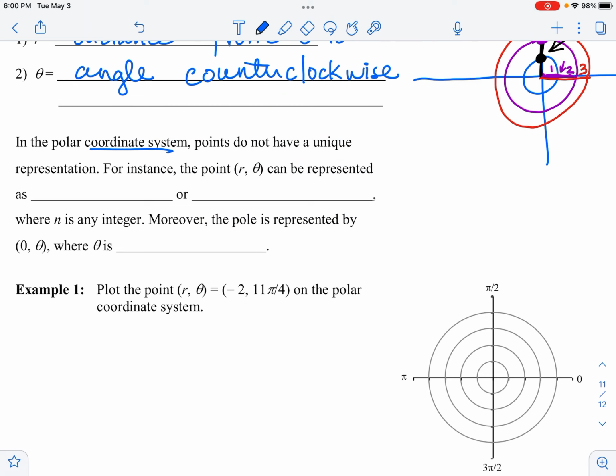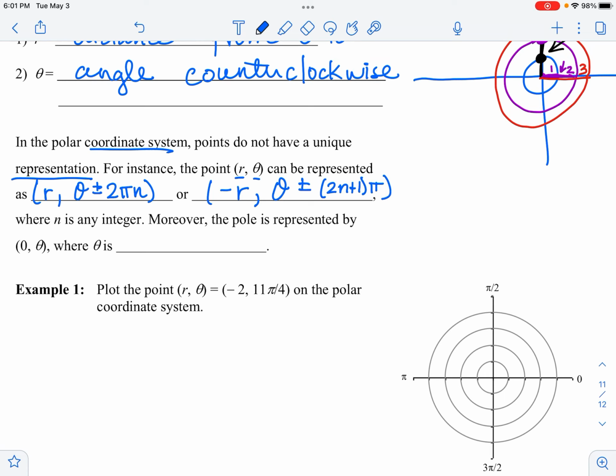So in this system, points do not have a unique representation. For example, the point r, comma, theta can be represented as r, comma, theta plus or minus 2 pi n, which just means any coterminal angle with that original theta. Or you could even say that it's negative r, comma, theta plus or minus (2n plus 1) times pi.